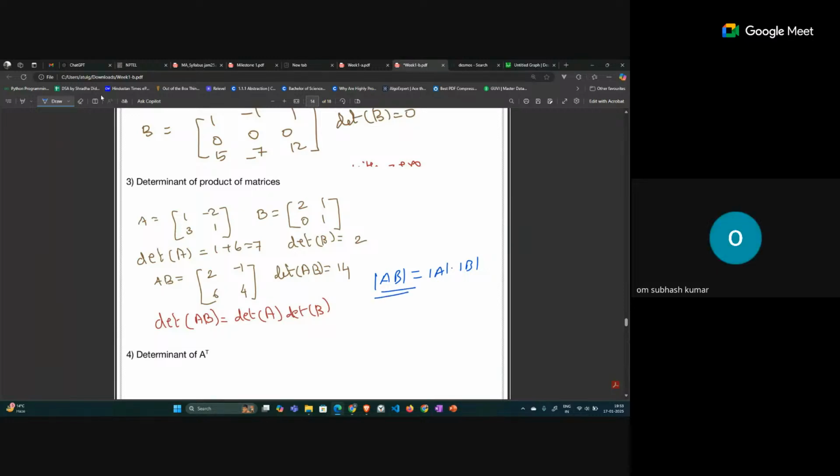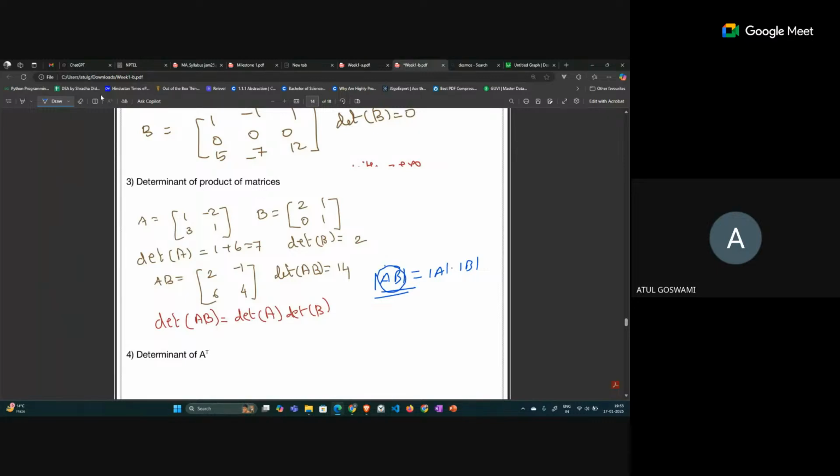Yes, sir. Just one question. AB is just the multiplication of matrices. Then we find the determinants? So AB is the multiplication of two matrices.